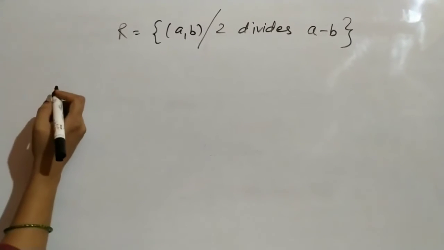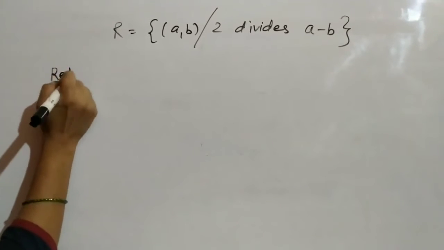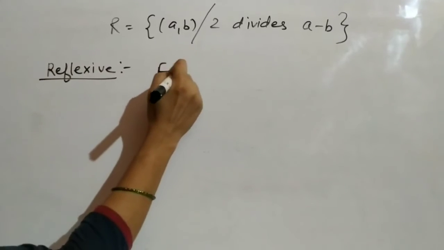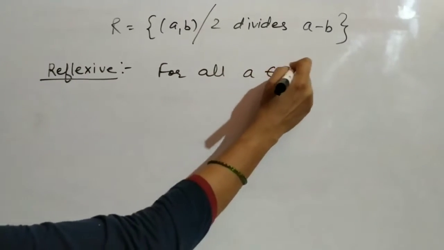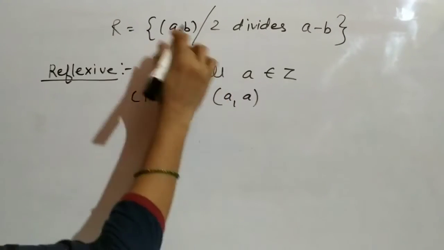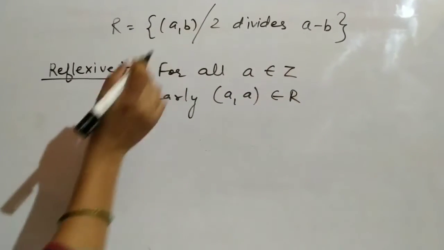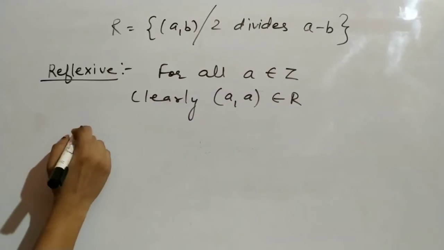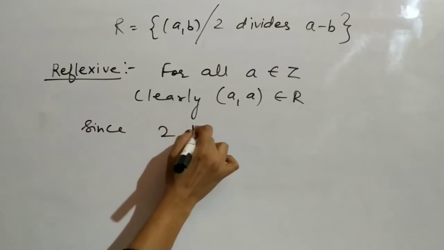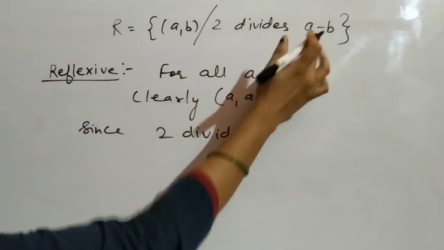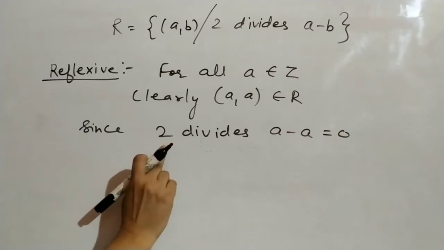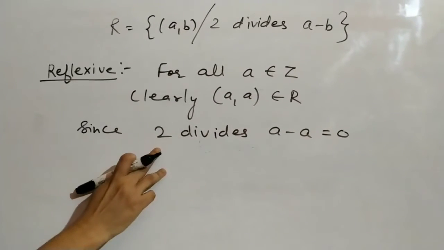Now first we will check R is reflexive or not. For all a belongs to Z, clearly a comma a belongs to R because, or you can say since, 2 divides a minus a is equal to 0. 0 is divisible by 2 always.